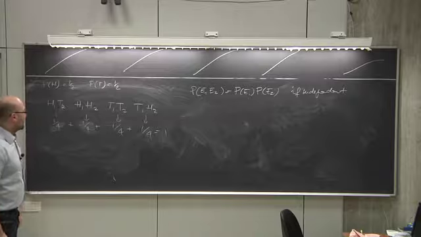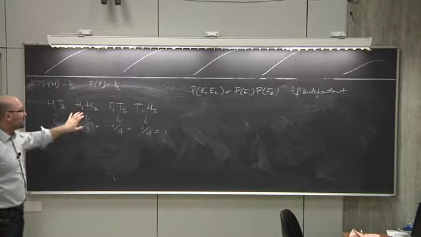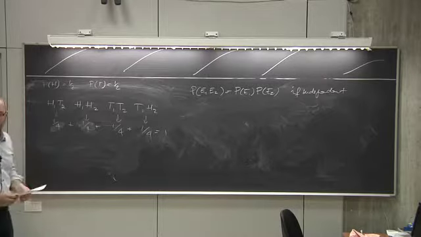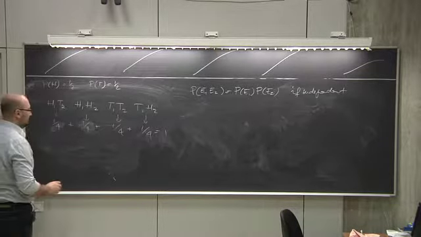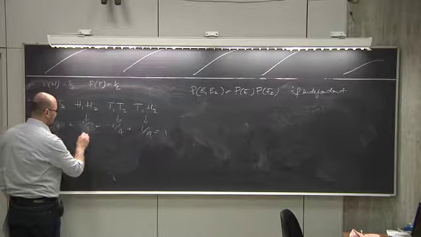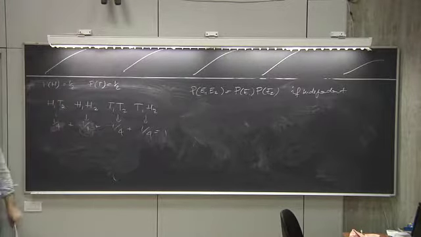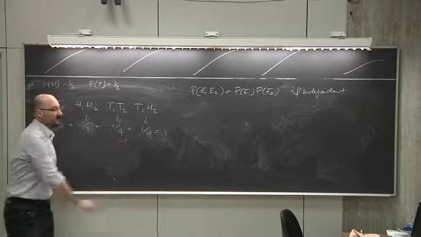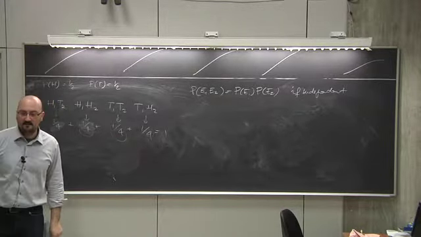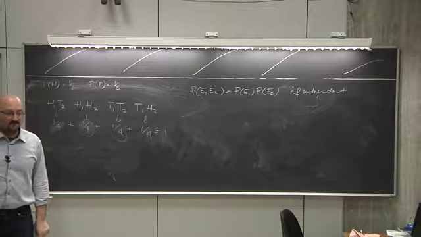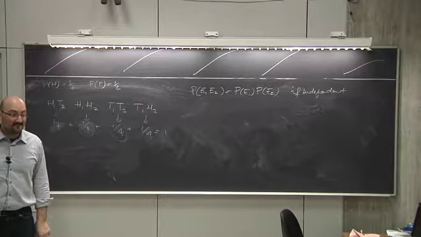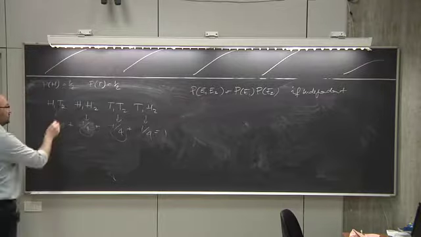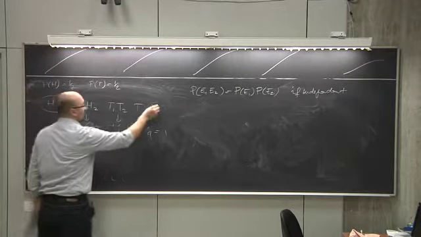So the probability of having 2 heads is 1 over 4. The probability of having 2 tails is 1 over 4. The probability of having 1 tail and 1 head is 1 over 2. Why? Because we have 2 possible configurations that have 1 head and 1 tail.